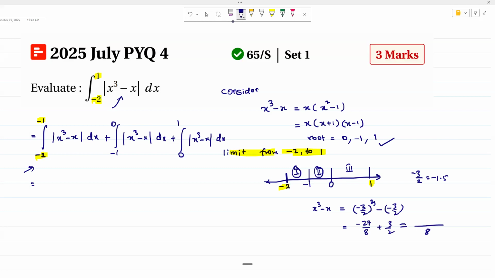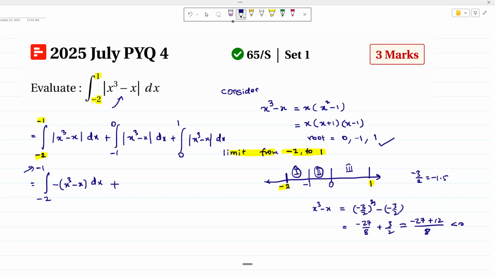So LCM is 8: -27 plus 4 threes are 12. Of course it is negative. So negative value. That's why for -2 to -1, remove this modulus sign and take the negative sign. So write minus of (x cube minus x) dx.